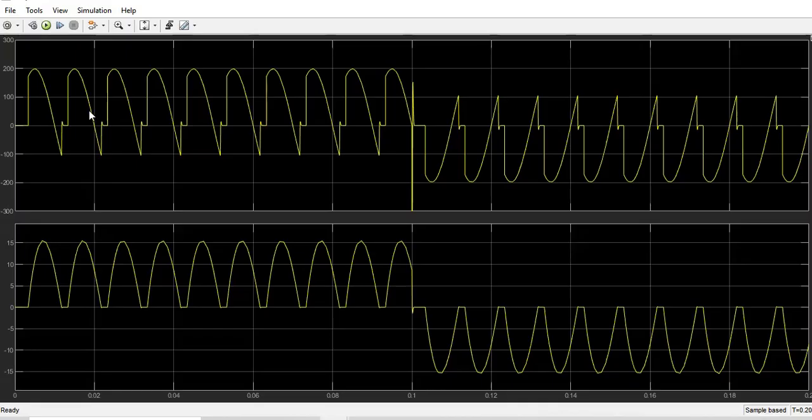Since converters 1 and 2 are operated in the rectification mode, the average output voltage of converter 1 will be positive, and the average output voltage of converter 2 is negative when operated in the rectification mode. When operated in the inversion mode, the average voltage of converter 1 will be negative and the average voltage of converter 2 will be positive, so that we'll be able to get the other two quadrants of operation.